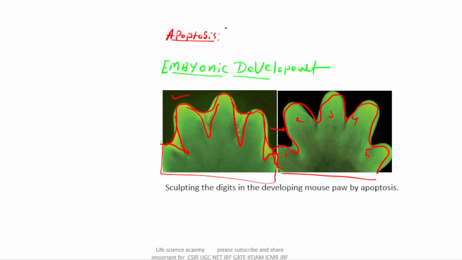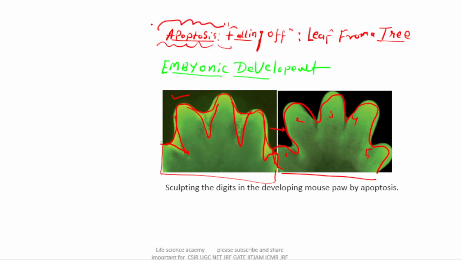Apoptosis is a Greek word meaning falling off, like leaves falling off a tree. This is apoptosis, a programmed cell death which is happening at the molecular as well as the cellular level.